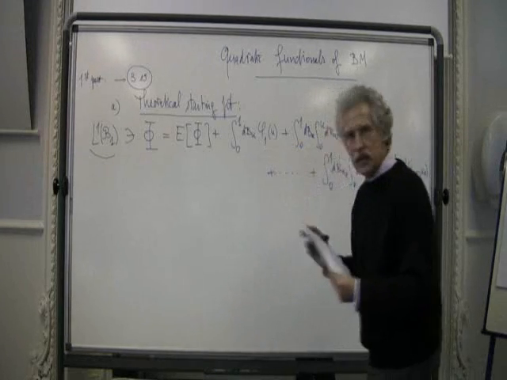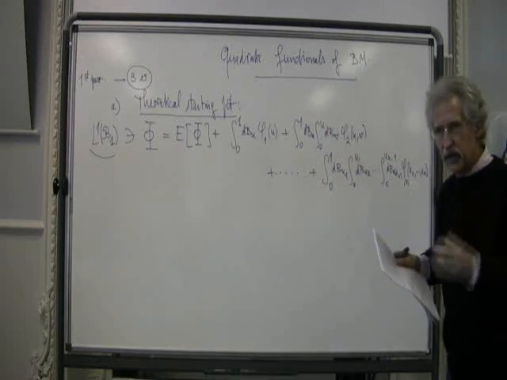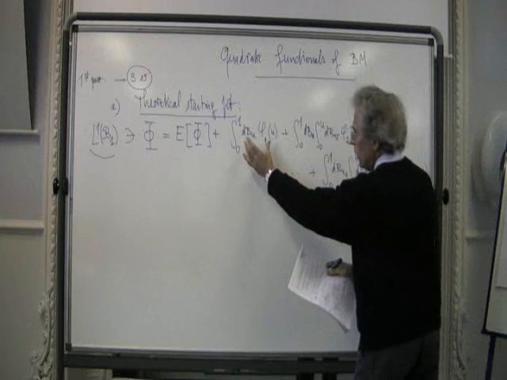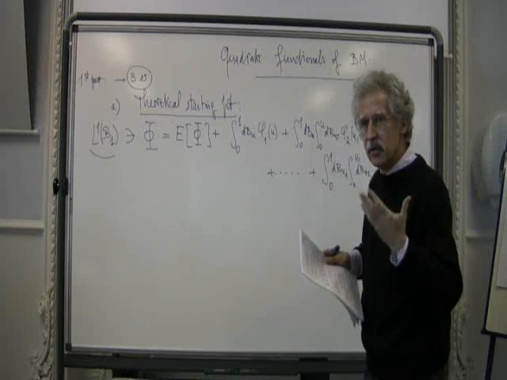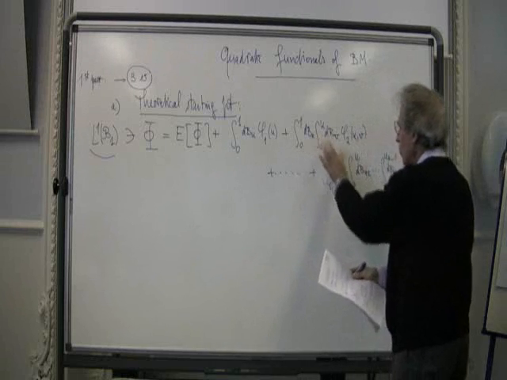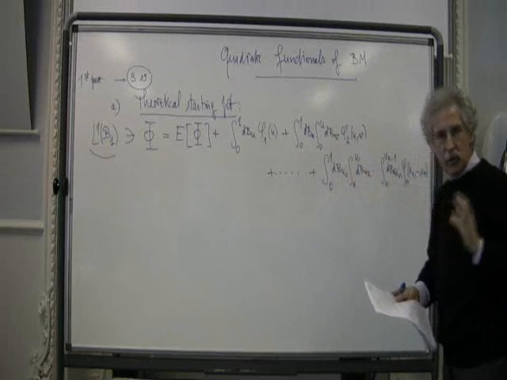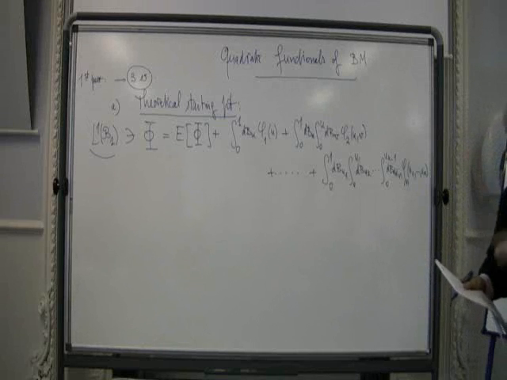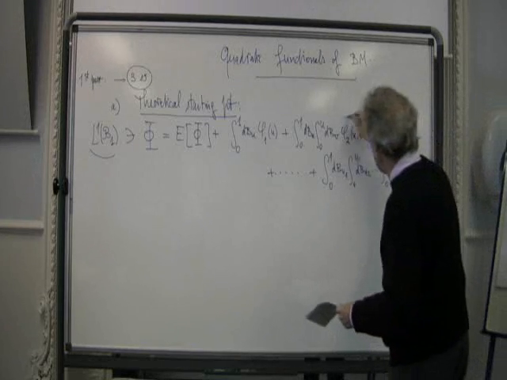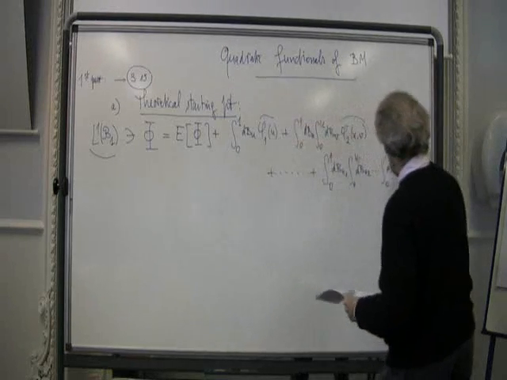So Wiener's idea is that somehow this should be thought of as a first order polynomial, second order polynomial, nth order polynomial of Brownian motion, or of Brownian increments. And you need these deterministic functions.